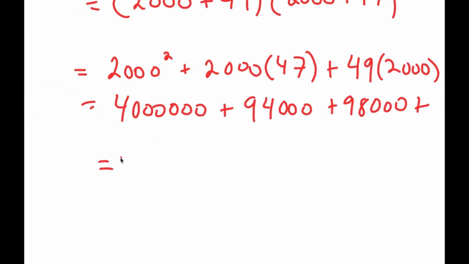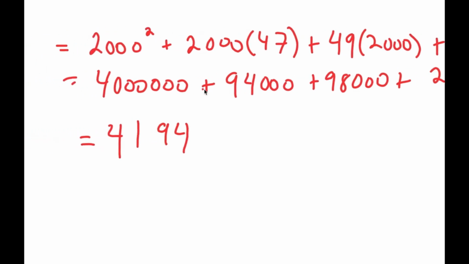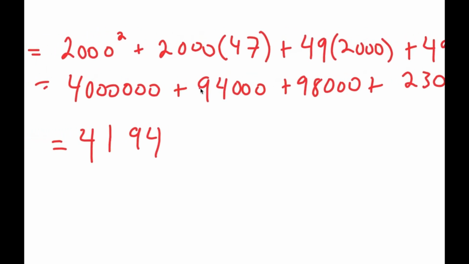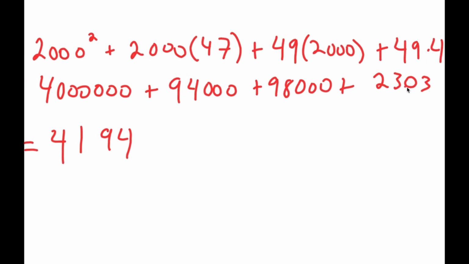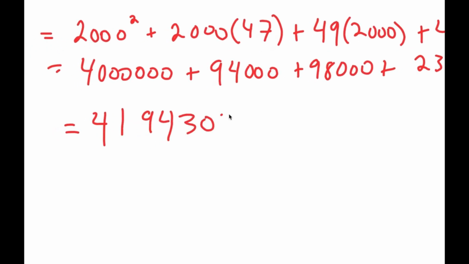So now, by adding all these up, I get 4,000,000 plus 94,000 plus 98,000, which is 4,192,000, and then I have to add in the 2,303.